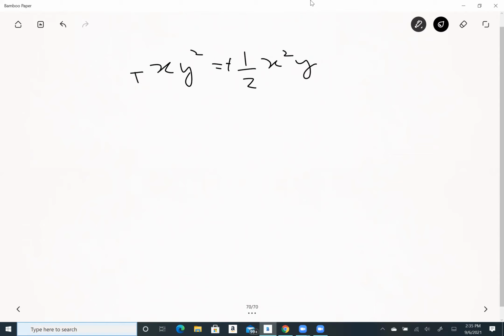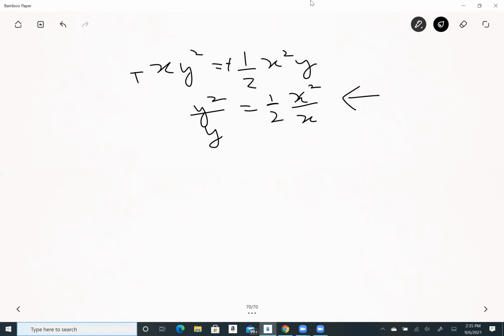Okay, so negative and negative become positive. So you bring the x and y to one side. So you bring the y to the left. So I got y squared over y equal to 1 over 2 x squared over x. So now, okay, we can write as the form that I have here.